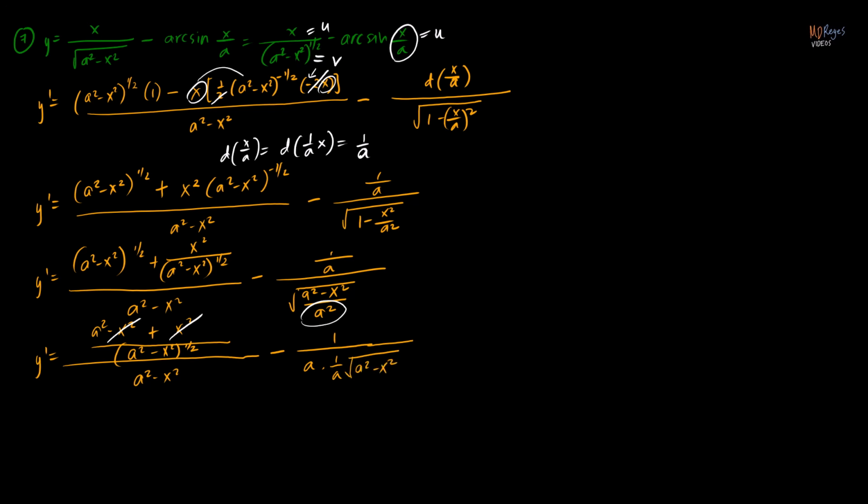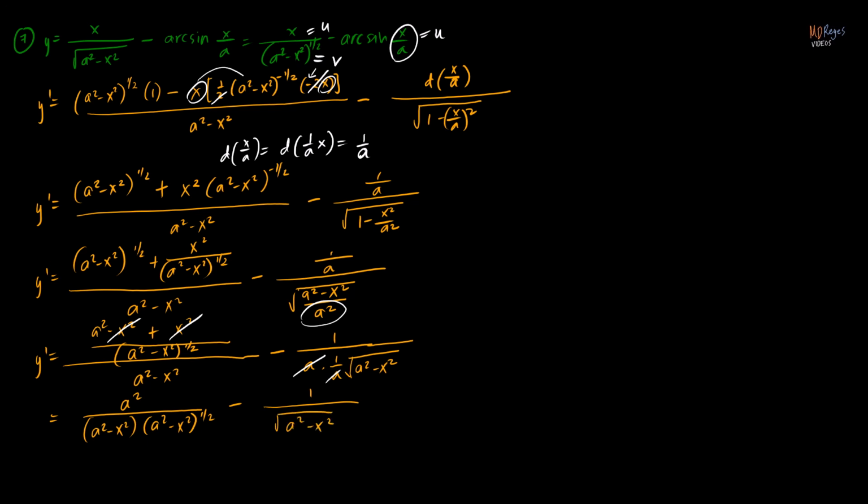Simplifying further, both of these expressions will go to the denominator. Rewriting our answer, we'll have still a squared in the numerator, and in the denominator we have a squared minus x squared times a squared minus x squared raised to 1/2, minus, now this a over a is equal to 1, so that's 1 over the square root of a squared minus x squared.